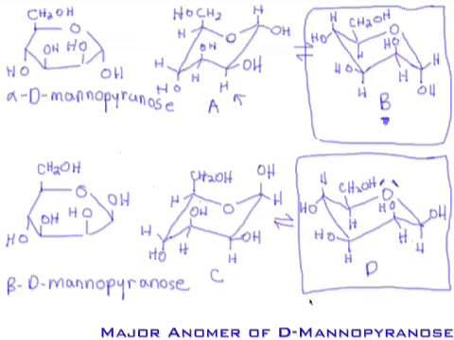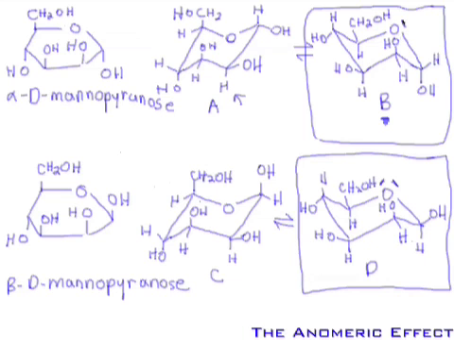What's interesting is that it is known that alpha D-Mannopyranose predominates over beta D-Mannopyranose. The question is, why? Well, there is another repulsive effect that we haven't discussed. The molecule has to be in the proper orientation for this new effect to take place, and hence it's very hard to predict.